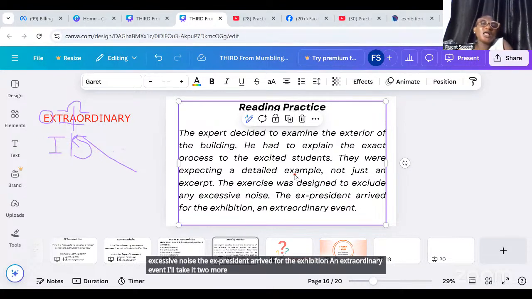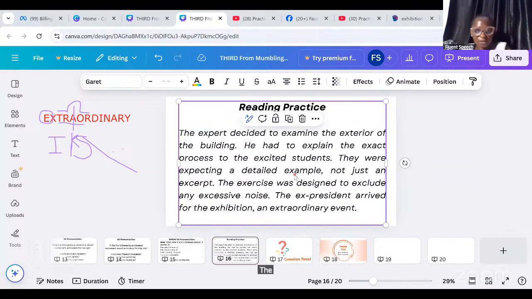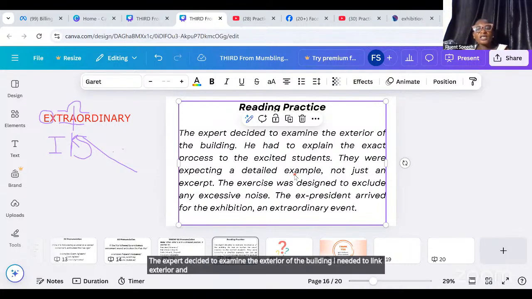I'll take it slower now. The experts decided to examine the exterior of the building. I needed to link exterior and of together. He had to explain the exact process to the excited students.